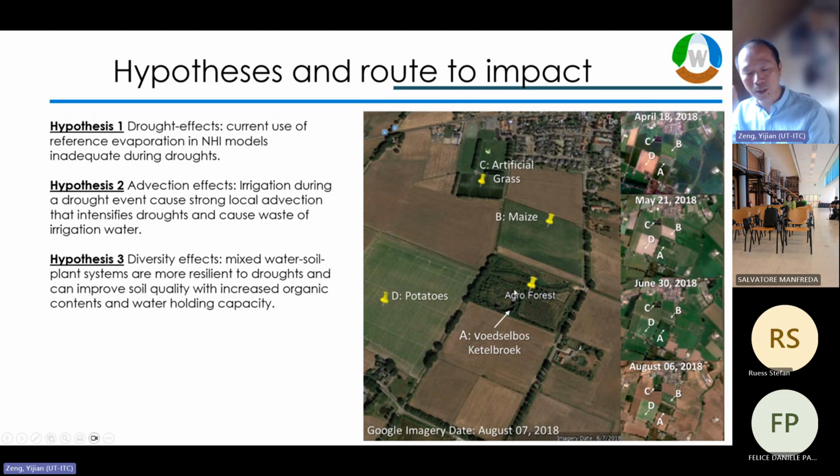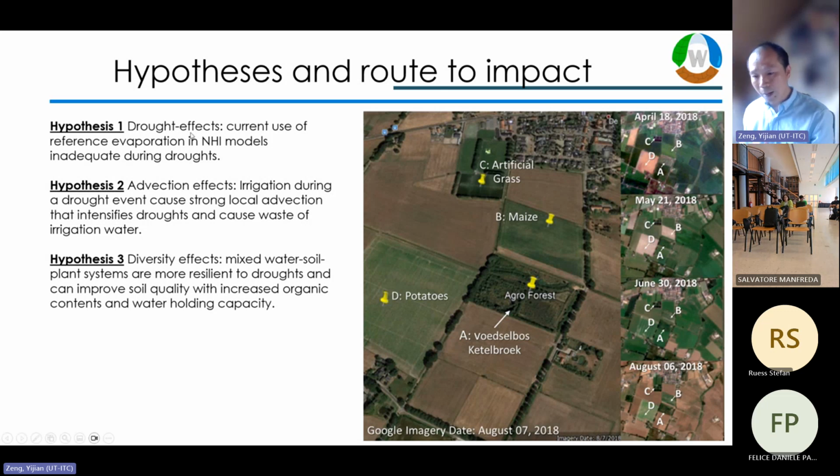Such a contrast between wet and dry will create an advection effect in the calculation of evapotranspiration. This is the so-called advection effect, and we want to quantify this. The first hypothesis is that the current NHI models, the model I referred to before, which is used to calculate the drought damage, use reference evaporation.